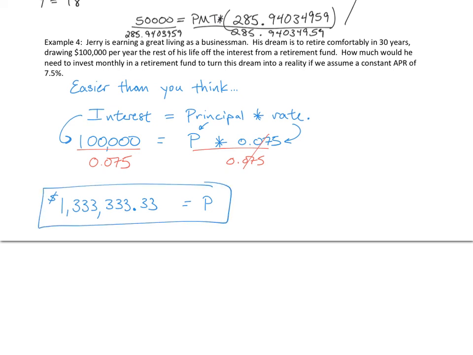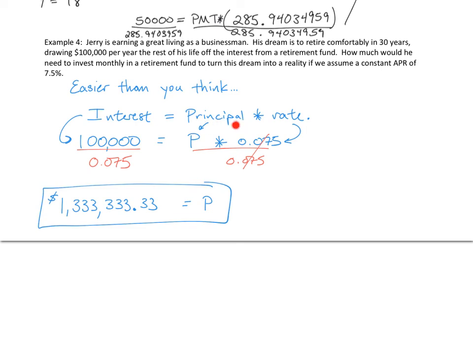This is a lot easier than you think. So this Jerry wants to have $100,000 per year. So he's just going to get the payment once per year. But he wants that $100,000 to be the interest from his retirement fund.